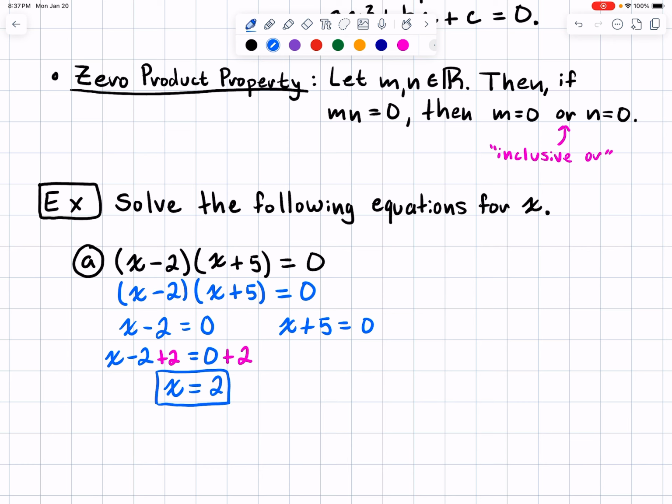On the right-hand side, let me move it over a bit so we have some space. I'm going to subtract 5 from both sides. So I get x plus 5 minus 5 equals 0 minus 5. So on the left, I will get x, and on the right, I will get negative 5.